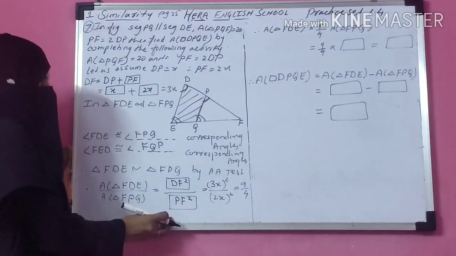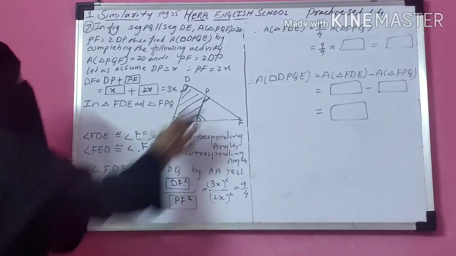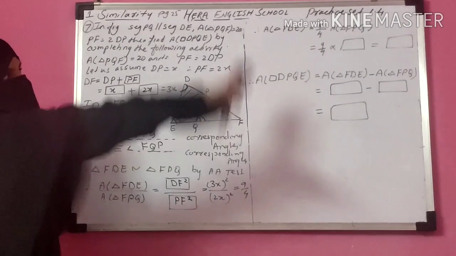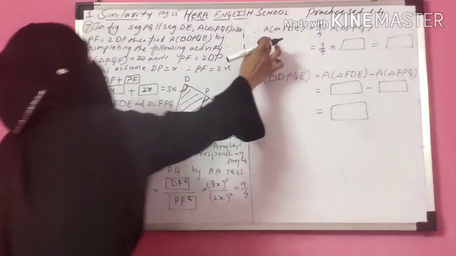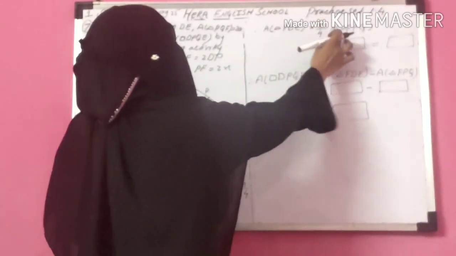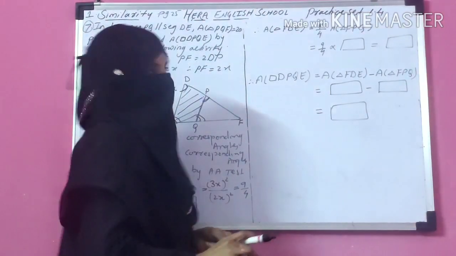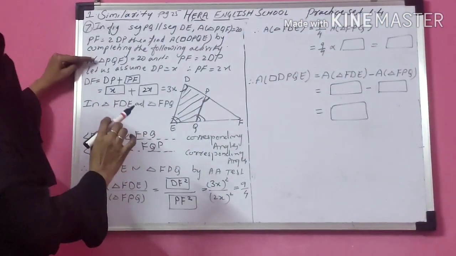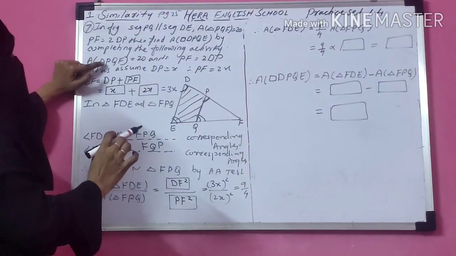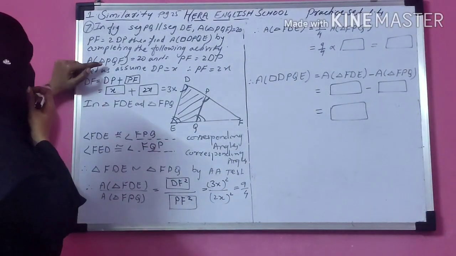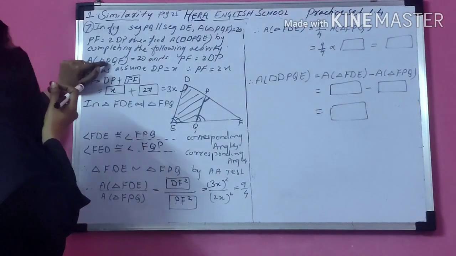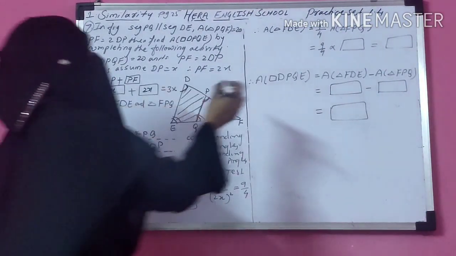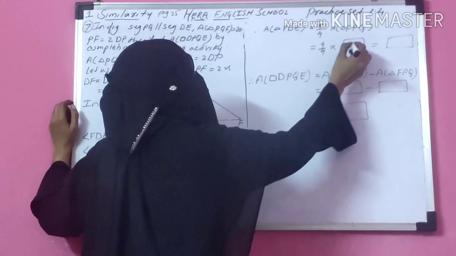Got it? Now, therefore, area of triangle FDE upon area of triangle FPQ is 9 upon 4. Here it is in divide, so that side goes in multiply. So area of triangle FDE is equal to 9 upon 4 times area of triangle FPQ. Now you have the area of triangle FPQ, or PQF, it is the same. The value is 20.